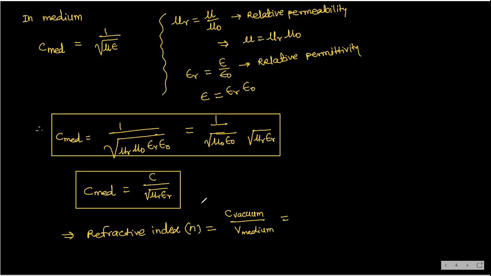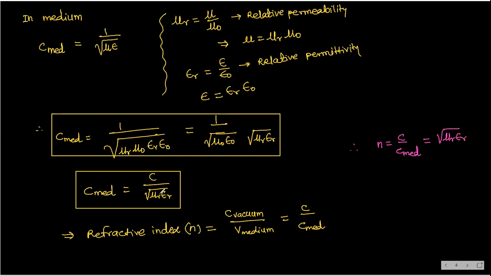So here I want this c by c medium. That is the refractive index, and therefore I am writing n is equal to c by c medium, which is equal to under root of mu r epsilon r.